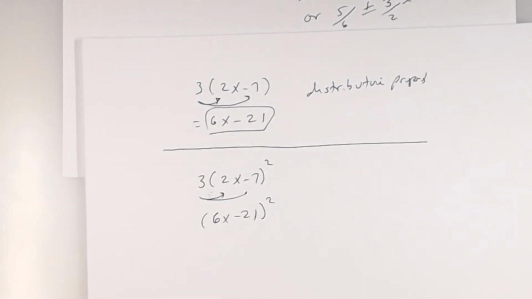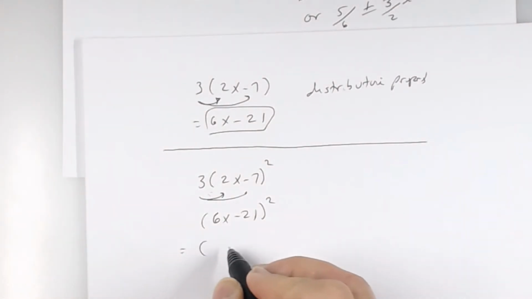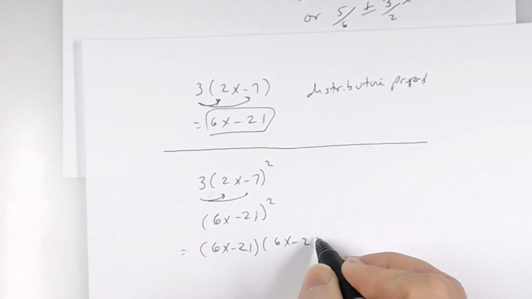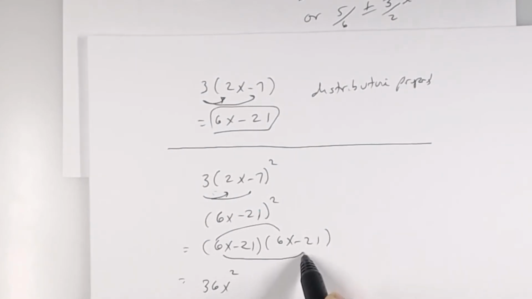So let's use the FOIL method. Now you're going to need your calculator. You're going to help me with this. So 6x minus 21 times itself. What's 6x times 6x, the first? 36x squared. What's the outer? Use your calculator. 6 times 21. 126, is that right?